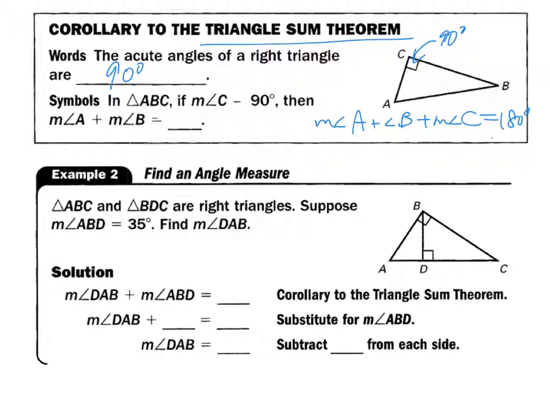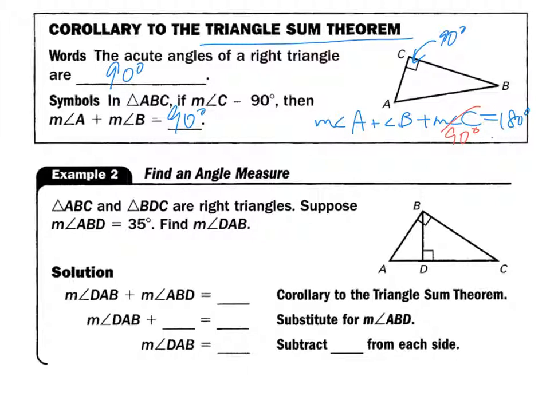If I just substitute angle C with 90 degrees, then I draw the conclusion that angle A and angle B have to add up to 90 degrees. Right? I subtract 90 from both sides. That's how I got my answer.